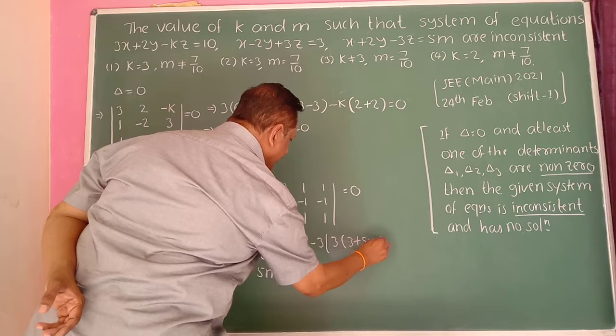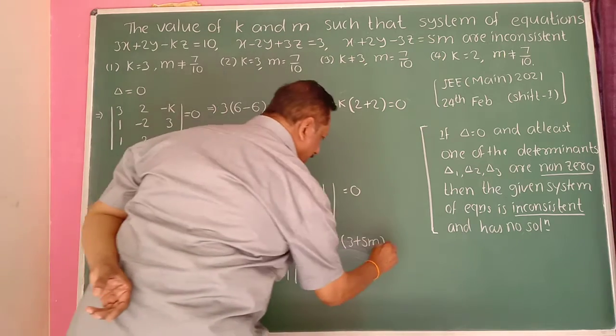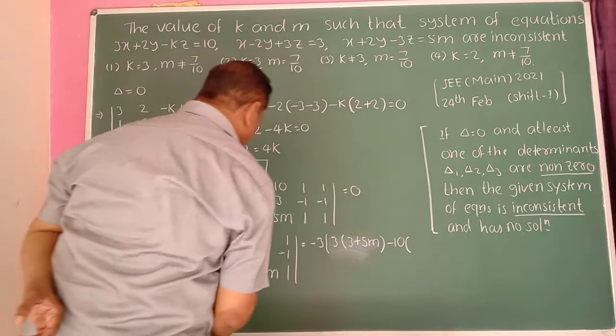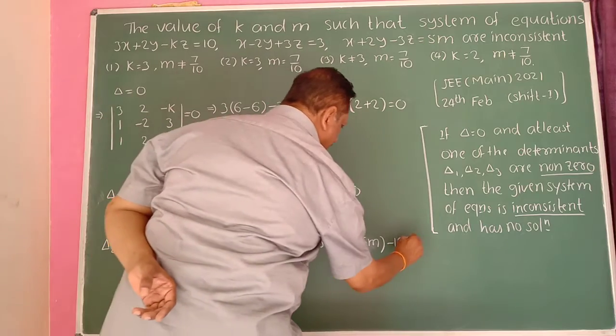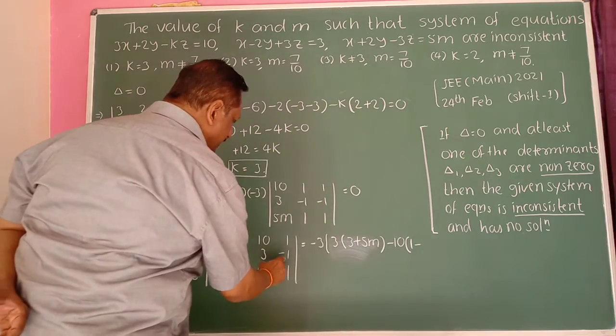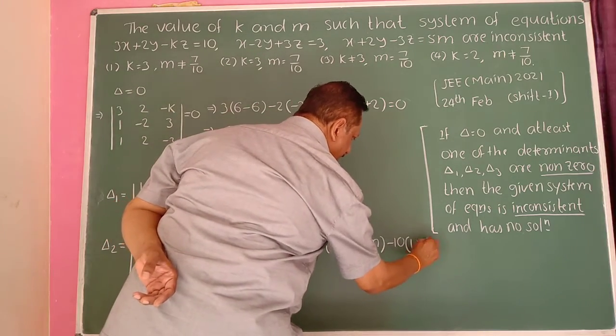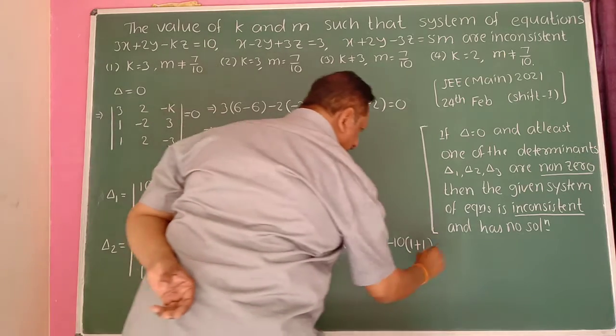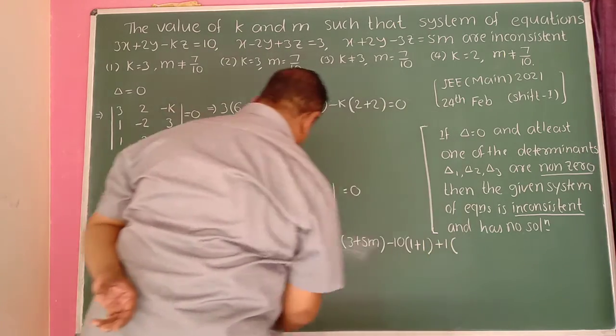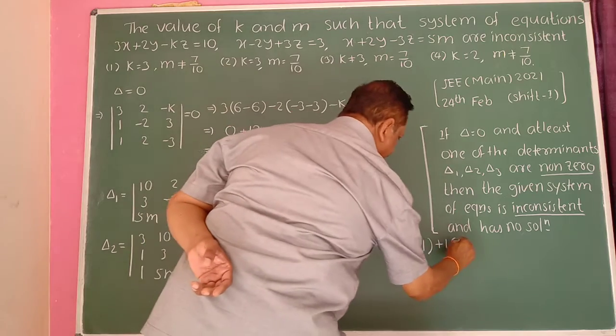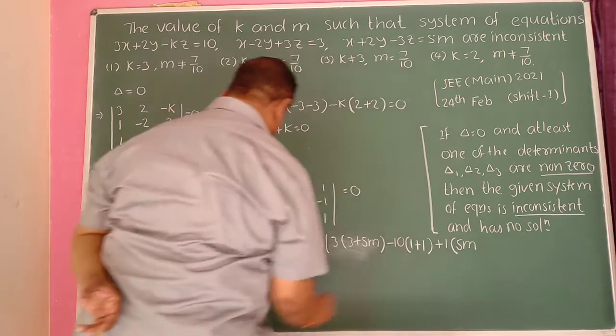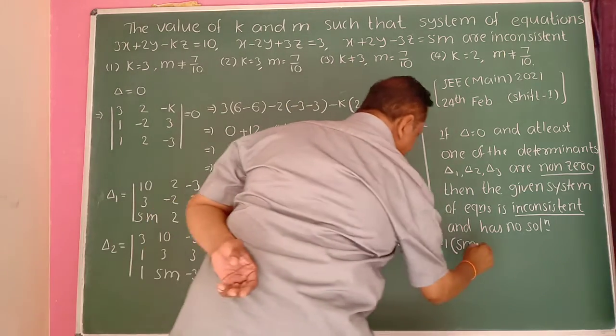Then minus 10 into (1 into 1 is 1, minus 1 ones are 1, minus minus plus 1). Then plus 1 into (1 into 5m is 5m, then 3 ones are 3), plus 3.